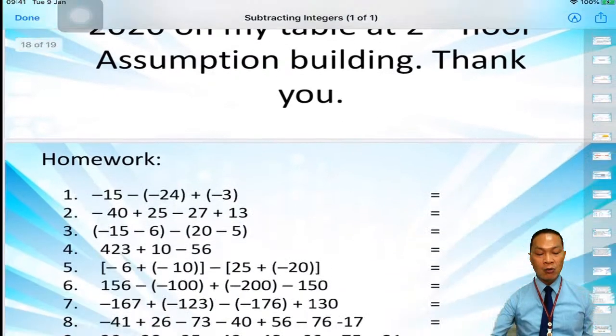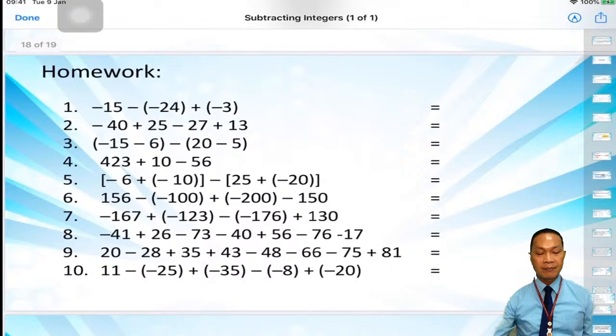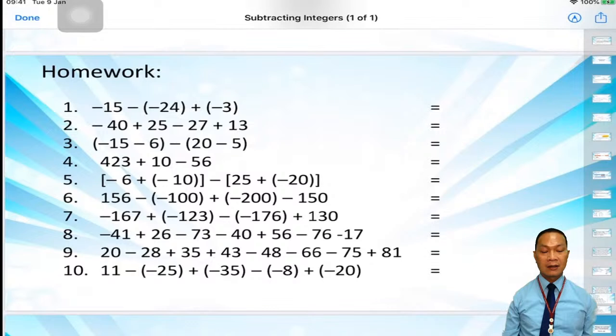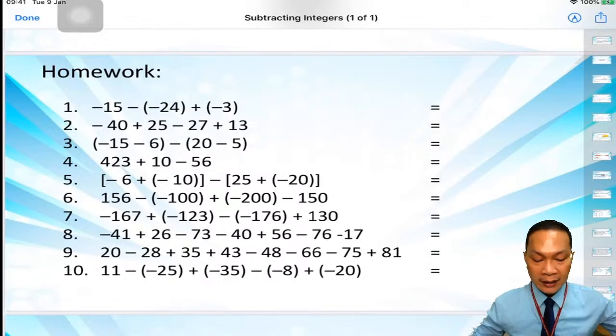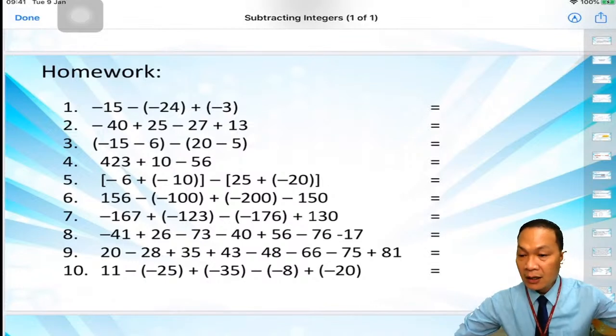Alright, this is your homework. Please answer this on A4 or report paper. Alright, I will write here.